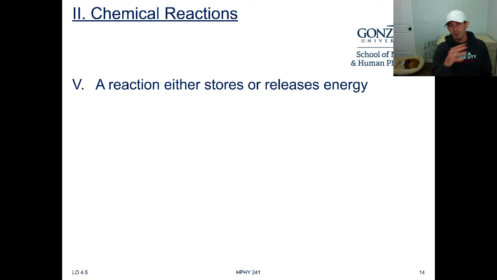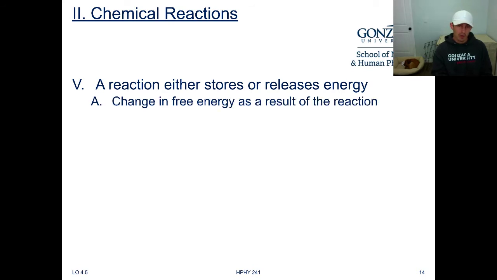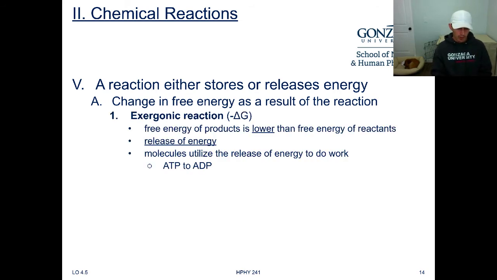At the end of these chemical reactions, as I've alluded to, they can either store or release energy, and that is true. Regardless of whether they store or release energy, we call that a change in free energy as a result of the reaction. So maybe a more simplified way to think about this is, let's forget about free energy for right now and just talk about reactions.